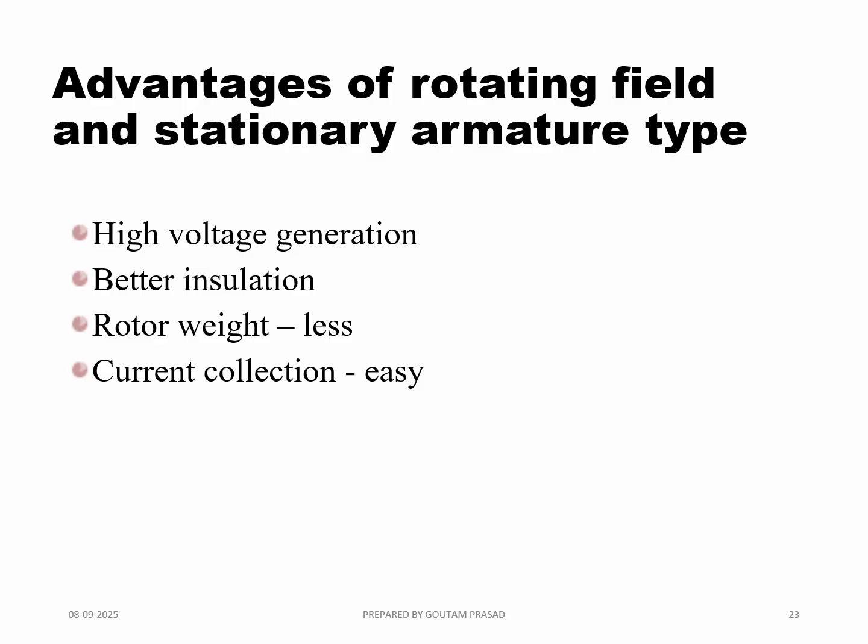Current collection is easy because the stator side is put on the load, the armature is connected with the load. There is also a lesser number of slip rings in the case of the rotor because only two slip rings are required for feeding the poles.